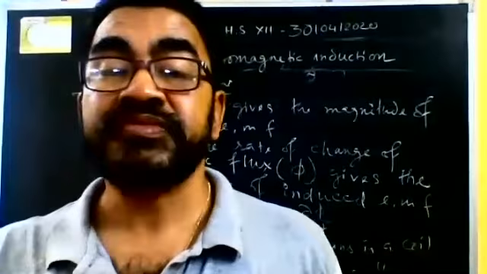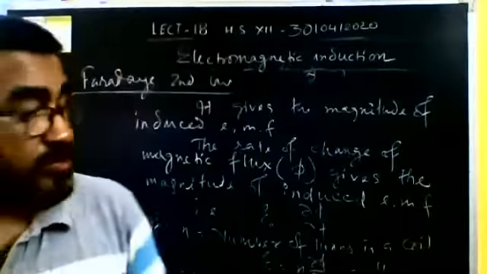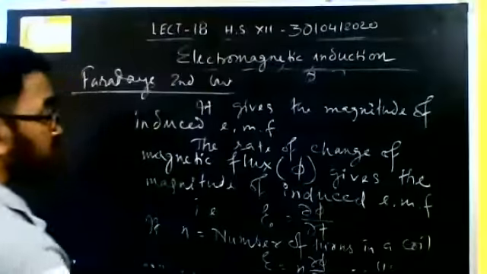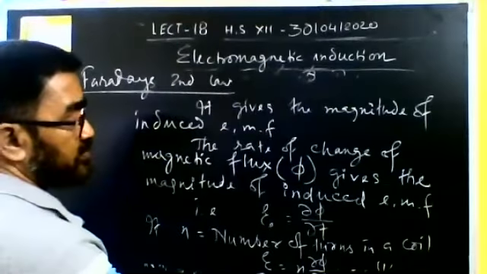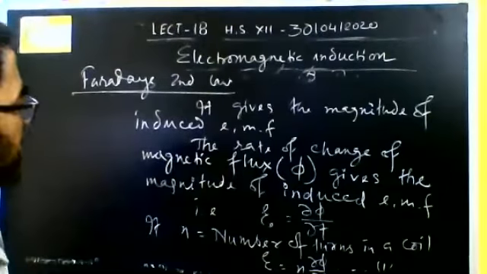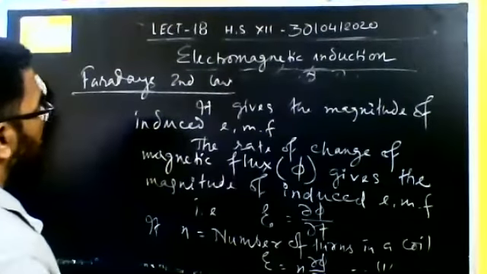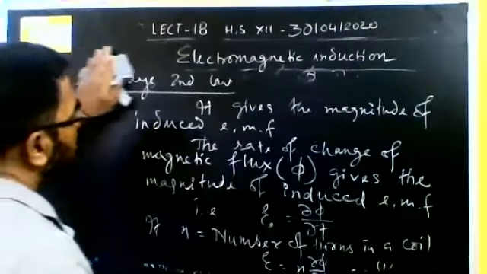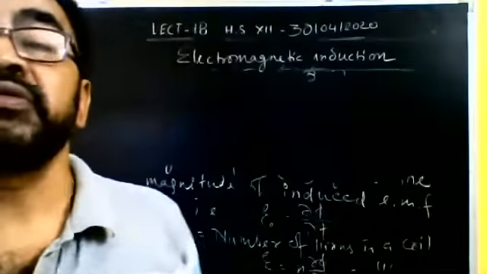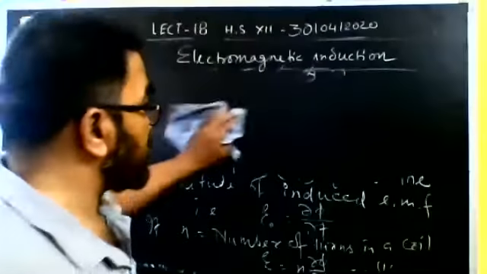This expression gives the value of induced EMF epsilon. So this law is very important. Along with this law, using Lenz's law, you will be able to find out the direction, the direction of the North Pole.